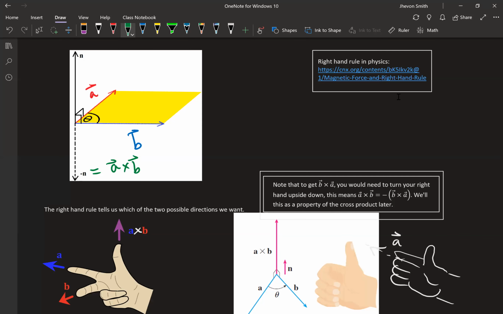It's literally because in order to do the right hand rule, you would have to turn your right hand upside down. If you actually try, you'll realize you'd have to turn your right hand upside down.